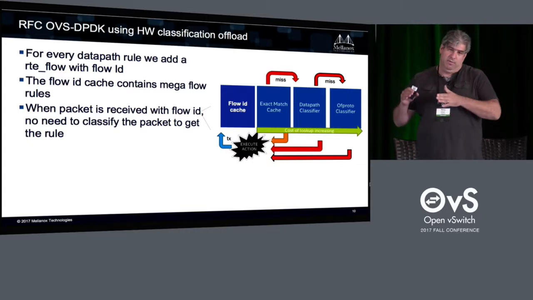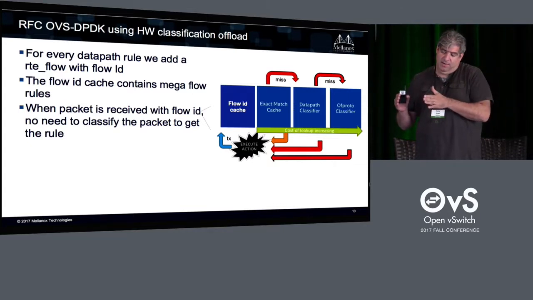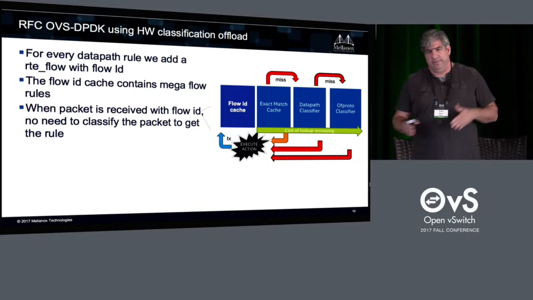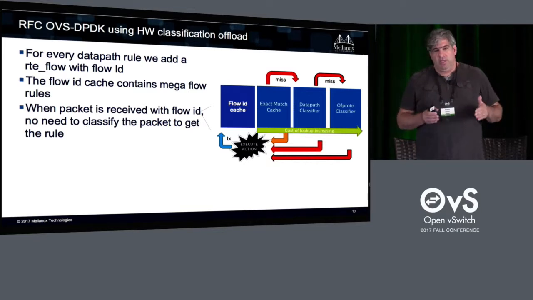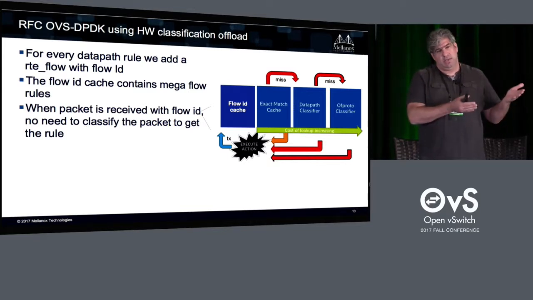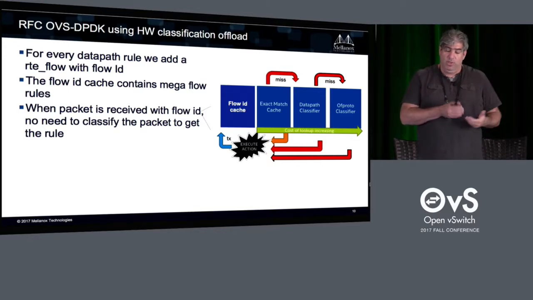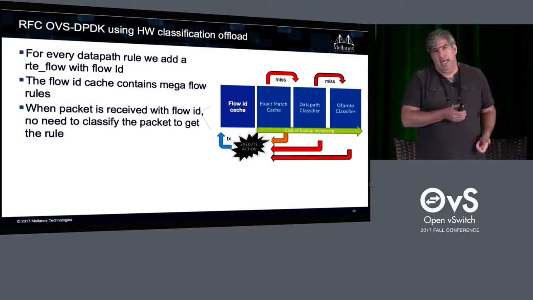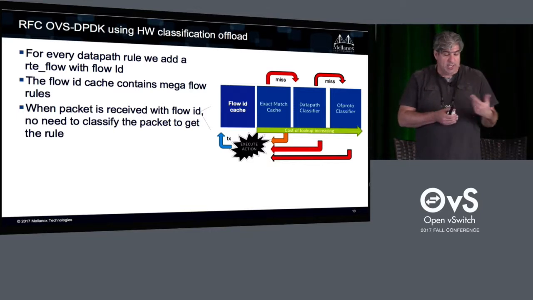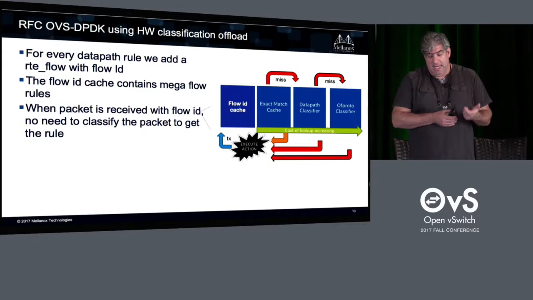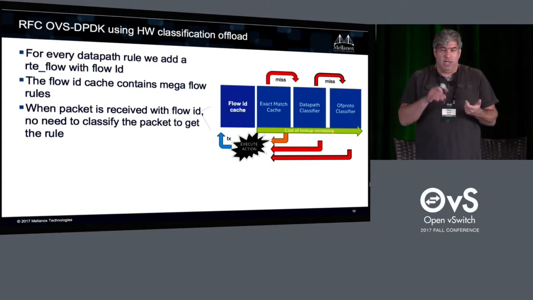So for every megaflow rule, you get an ID. And when a packet hits this rule in the hardware, the hardware tags this packet. So when OVS DPDK is running, you get metadata with the packet. It's not required to do the classification of the packet; it just takes the metadata, so you don't even need to touch the packet.